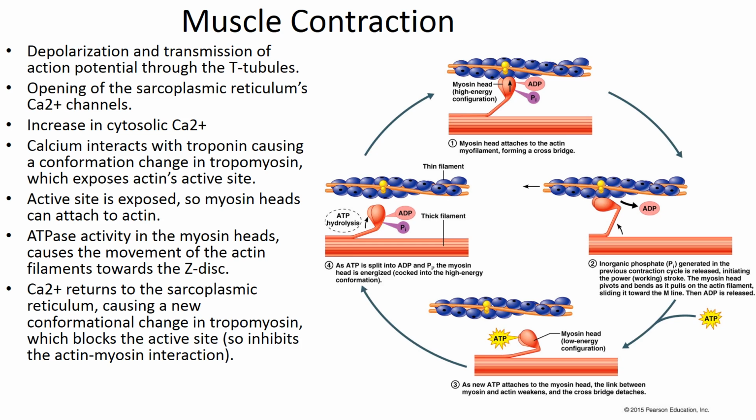When the action potential dissipates, calcium is reabsorbed back into the terminal cisternae. When this occurs, tropomyosin moves back over the active sites on G-actin, so the cross-bridge formation can no longer occur and the muscle relaxes.